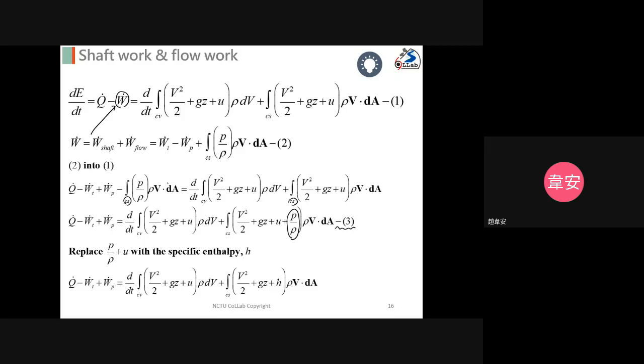And then if we just replace the term, the pressure divided by rho plus the internal energy, we call that the specific enthalpy h. This is a very famous parameter used in thermodynamics problems. But in our chapters, we don't use that, so we just take a look and keep it in mind. So we still stay in equation 3 here.